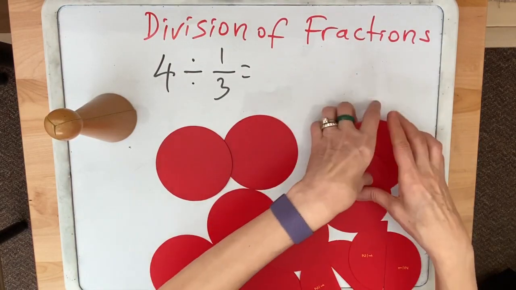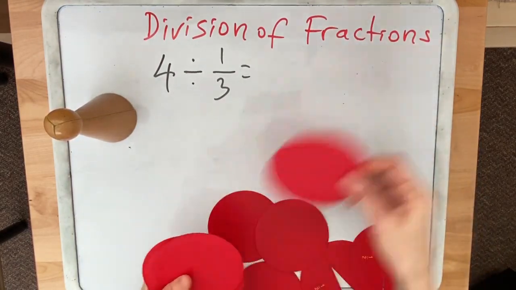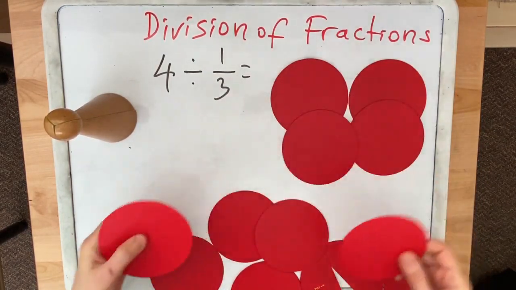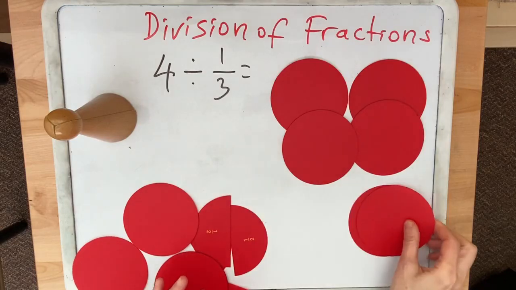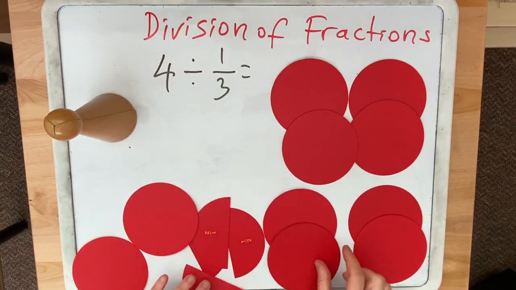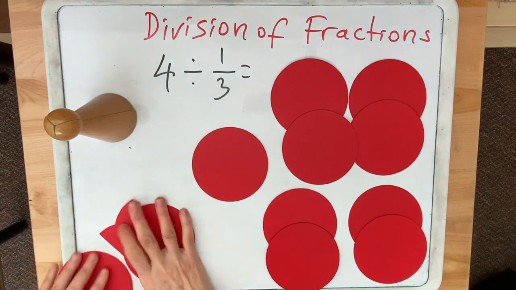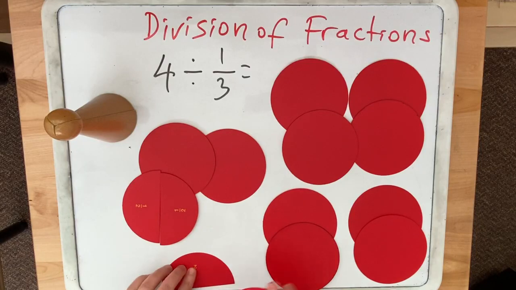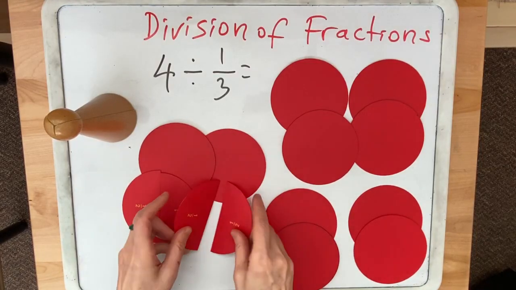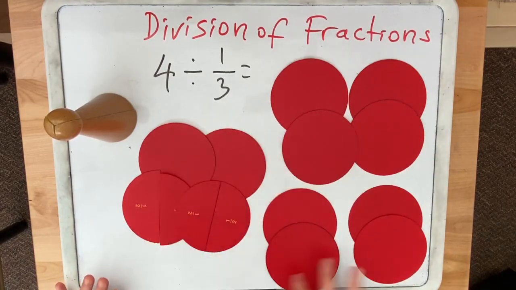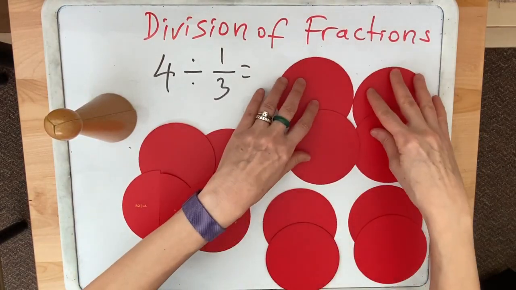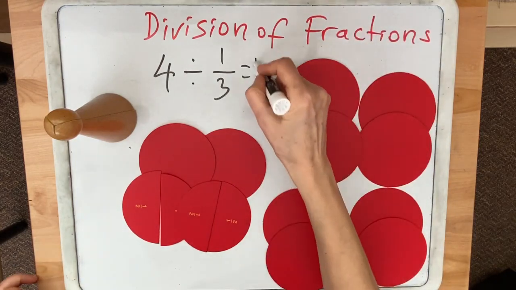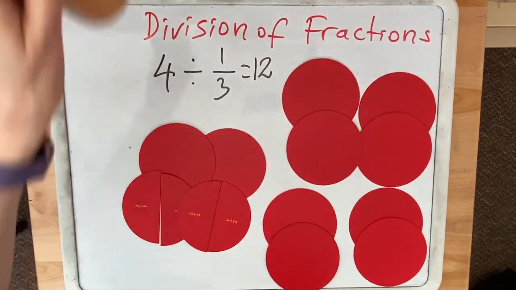Let's count. 1, 2, 3, 4. 1, 2, 3, 4. 1, 2, 3, and 4. So I have 12 as my answer. 4, 8, 12. That's my quotient.